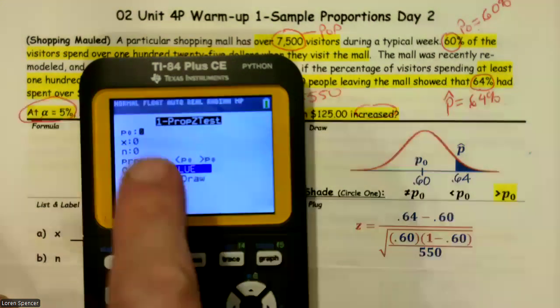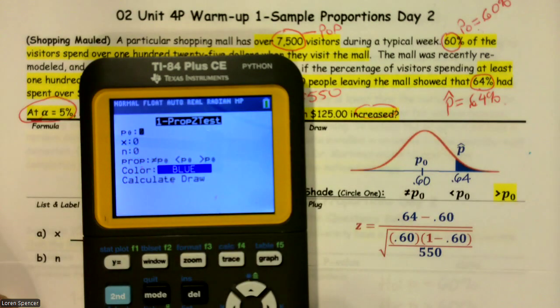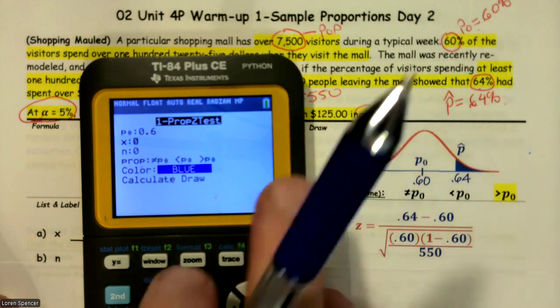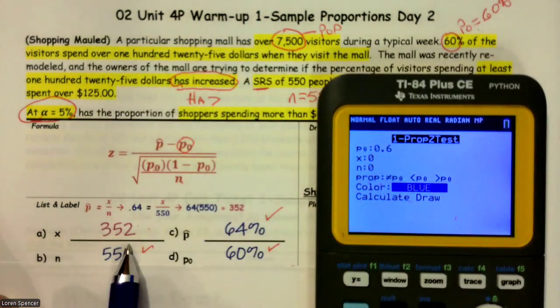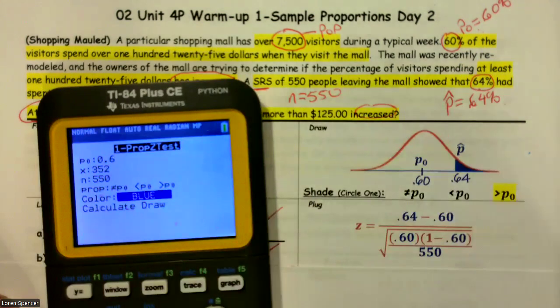And it asks for P0, which is basically the 0.6, or if you wanted to do 60 divided by 100, so that gives you the 0.6. Our X, which we had to calculate, was 352. Our N was 550. And we said that, hey, we're shading up, so this is a greater than.